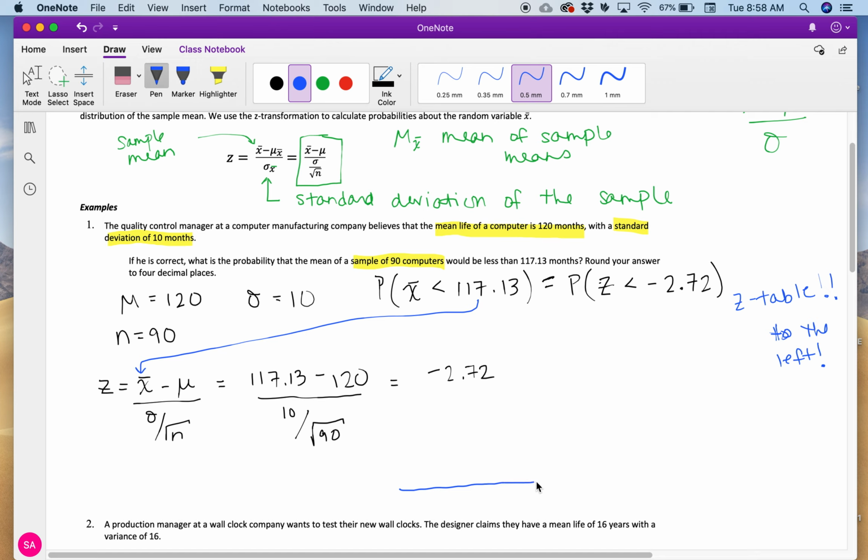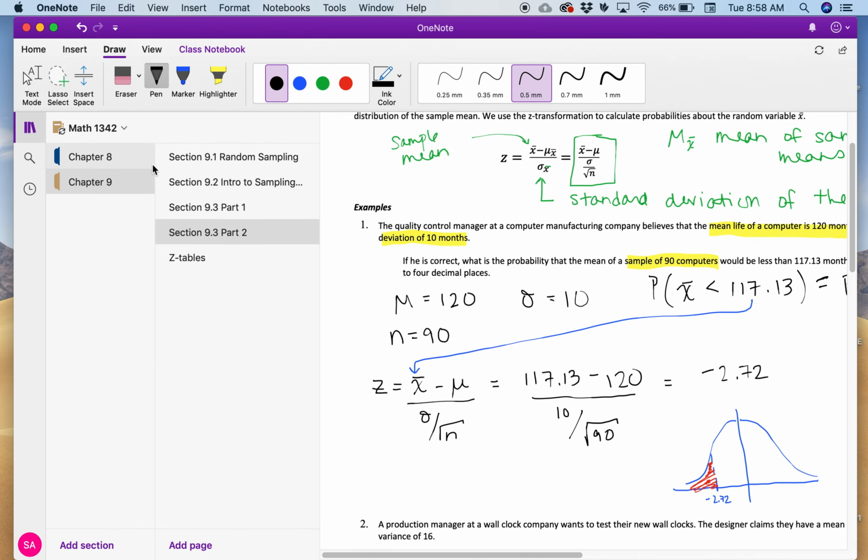I can prove that if you don't believe me. Let's draw a quick picture. Here's our curve. Negative 2.72 is going to be somewhere over here. I divide our curve at that number. We want the probability that z is less than that. Less than a number, we shade to the left. This is the area we're trying to find, which is what the z-table gives us.